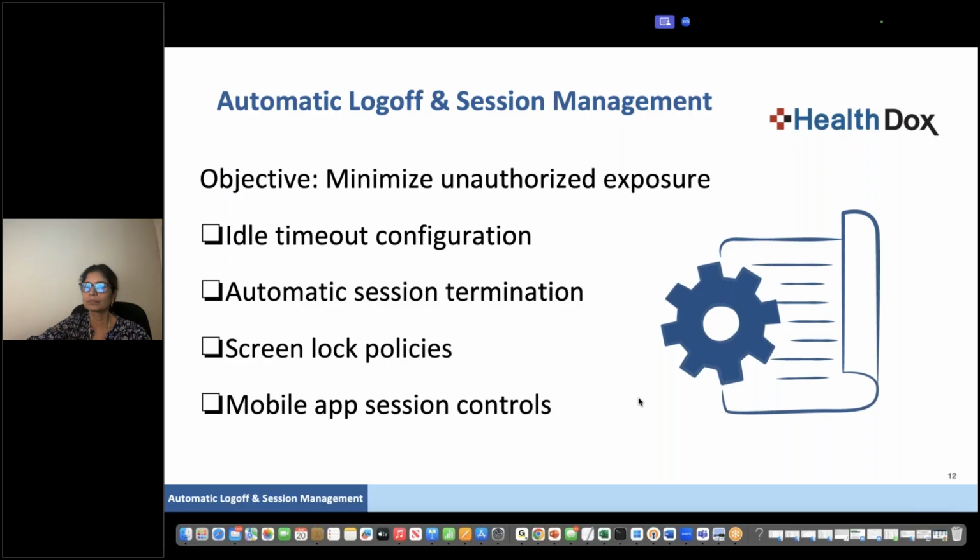Beyond compliance, it's all about minimizing human error by using automatic log off and session management. Technology acts as a safety net when the staff are busy, right?